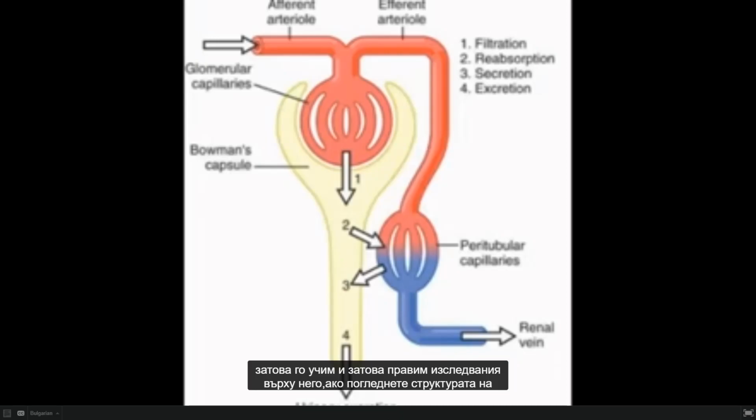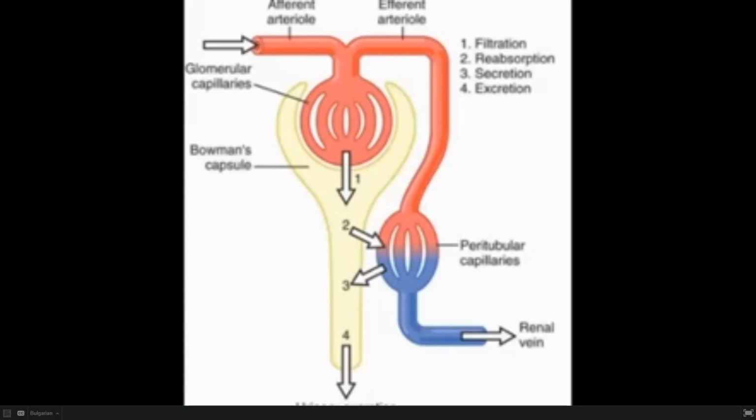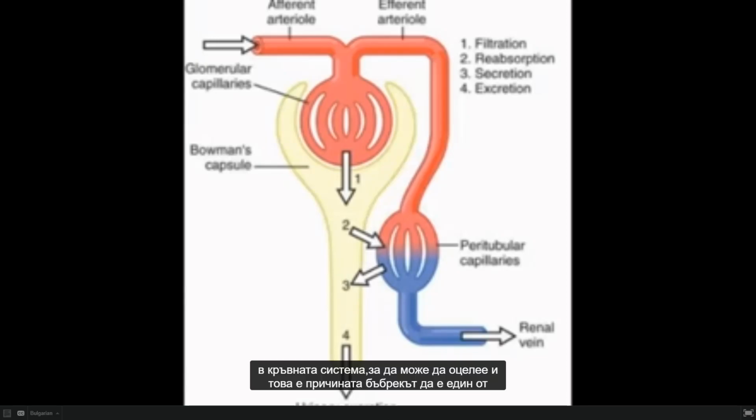If you look at the structure of the kidney, it is a replication and copy exactly of the brain. Because the brain depends on the kidney to make sure it cleans out the plasmatic magnetic field energies in the blood system, so that it can survive. This is why the kidney is one of the few organs which has its own gland sitting on top of it.